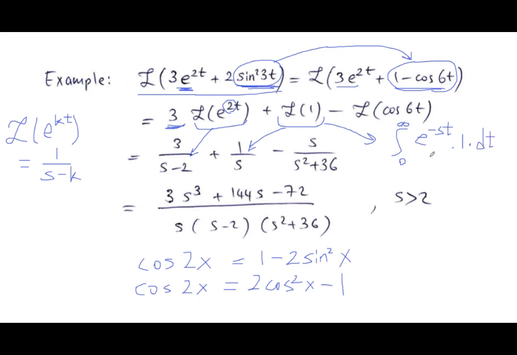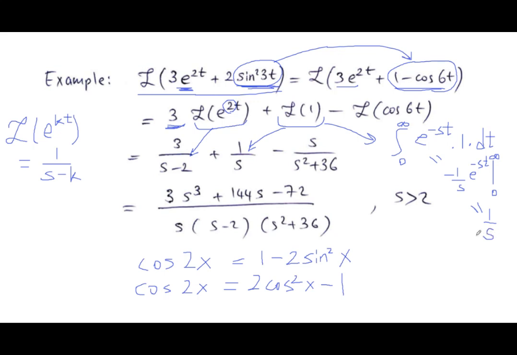So the integral of this expression is minus 1 over s e to the power minus st, and then you need to evaluate this from 0 to infinity, and basically the result you will get is 1 over s.